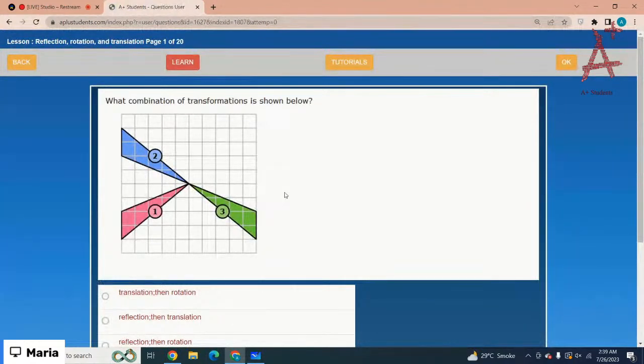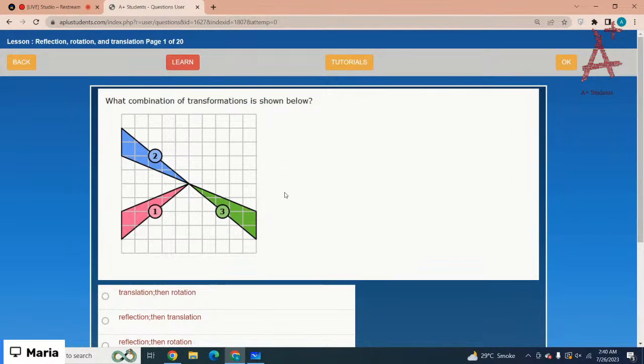Okay, what combination of transformations are shown? Okay, from 1 to 2 and 3. 1 to 2 is the reflection. 2 to 3 is a reflection.